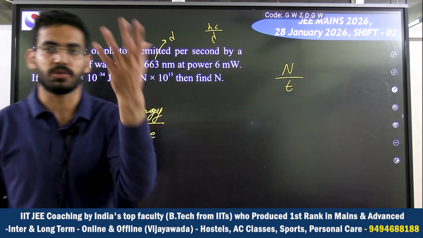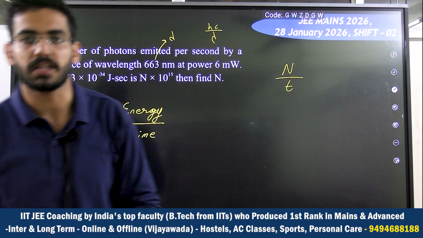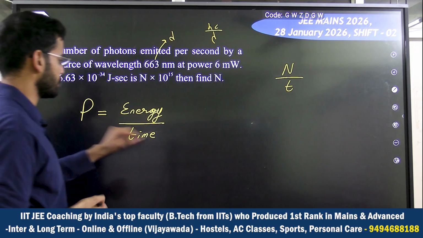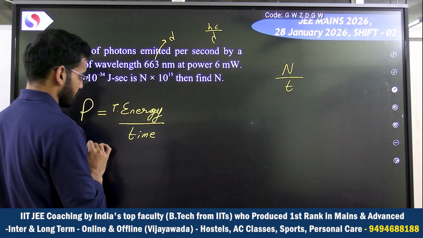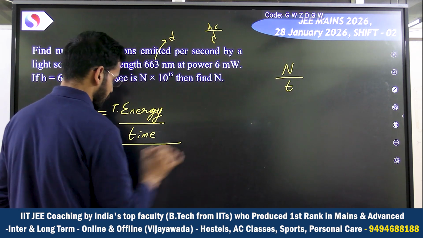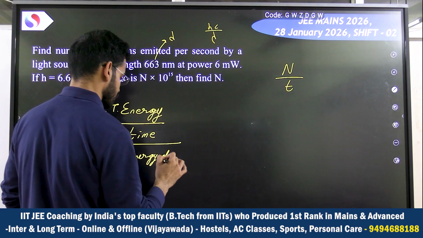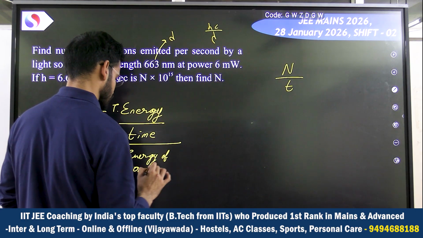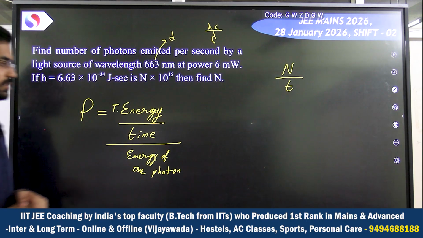So if I divide the total energy by the energy of one photon, then what will I get? Number of photons, and here energy per unit time is there. If I divide this total energy per unit time by the energy of one photon, what will I get? I will get the number of photons per unit time.